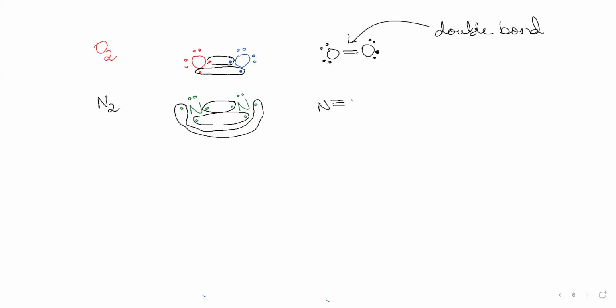And I'll draw my lone pairs. I'm sharing 3 sets of 2 electrons. This is called a triple bond.